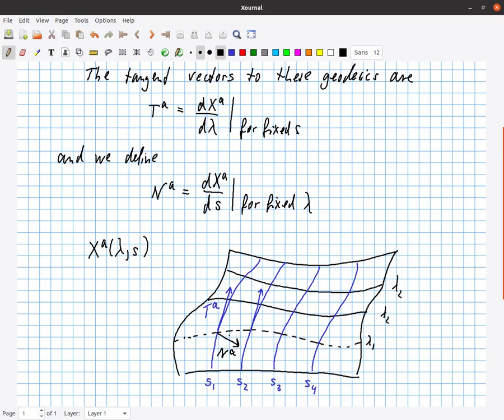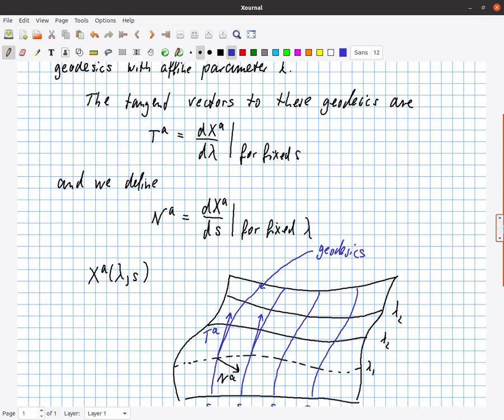And what we're interested in is, how does the vector n change as we move along the geodesic? And we'll just note that those blue lines are geodesic curves by assumption.